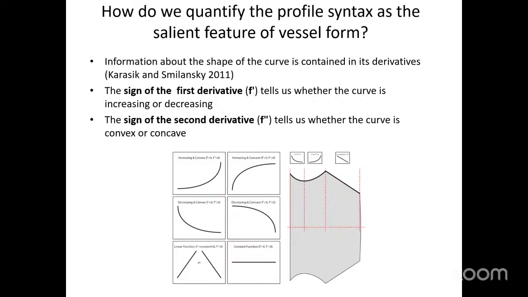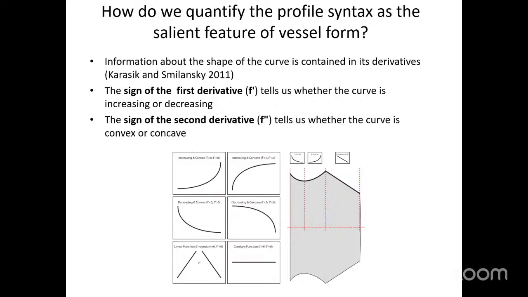How do we isolate only the profile syntax from this quantitative data on a vessel profile? Well, we start with simple high school mathematics: information about the shape of the curve is contained in its derivatives, specifically in the sign of the first derivative and the sign of the second derivative of the profile curve.